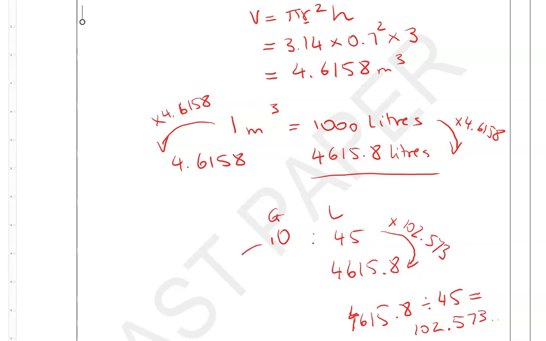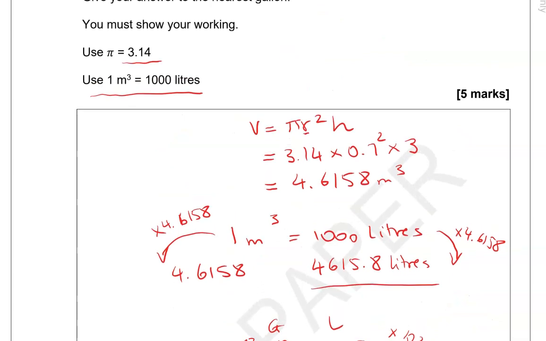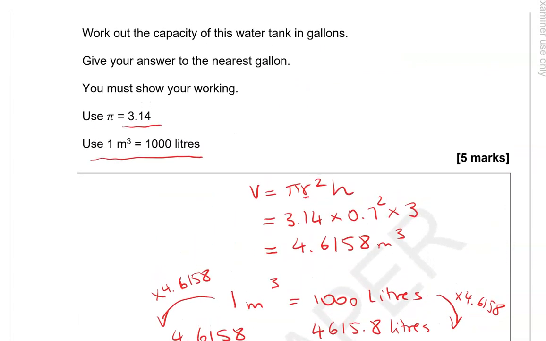So we'll now multiply 10 by that same number. And that would give us 1025.73 gallons.